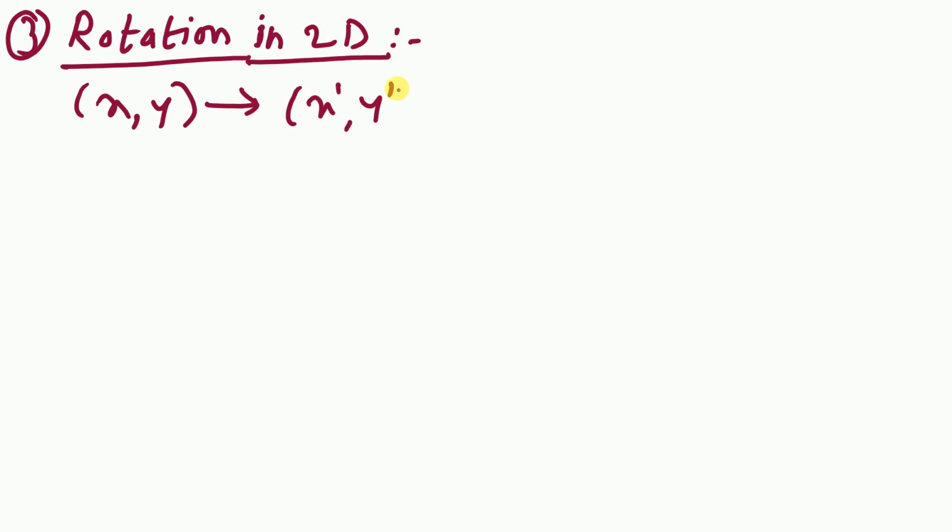Let us learn the third and last operation of geometric transformation, which is rotation in 2D. So a point x comma y is converted into x' and y', and it is rotated about the origin by angle theta.